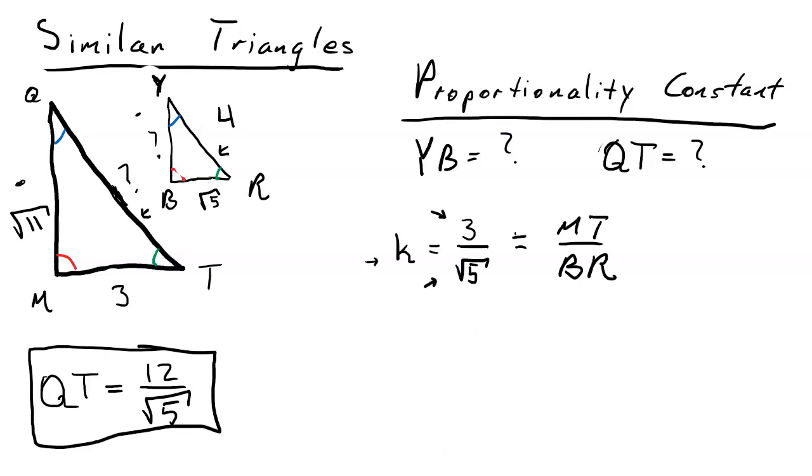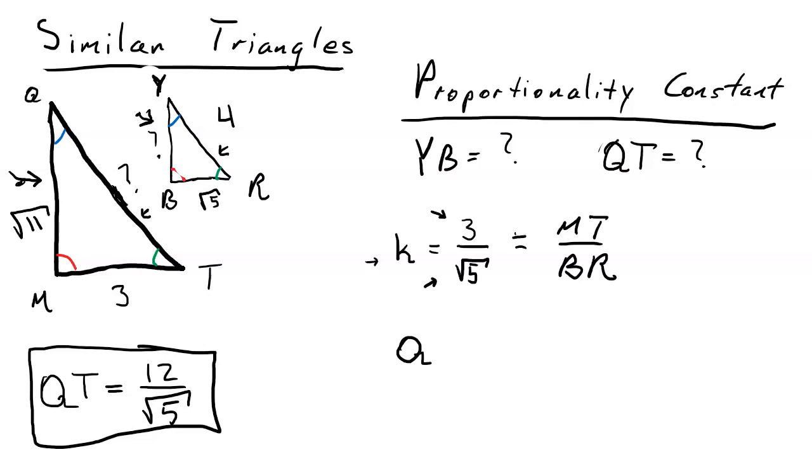Okay, now that we solved for QT, we want to solve for YB. So YB is over here, and that can be compared to this side, which is square root 11, or QM. So QM is going to go on top.